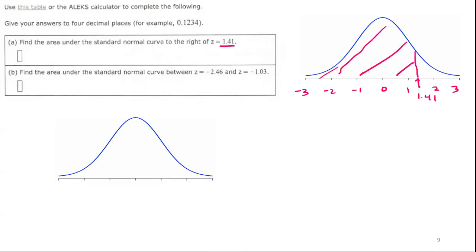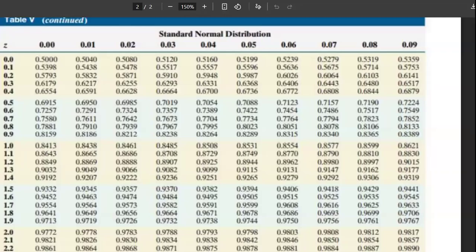Okay. So let's go to our Z table and find 1.4. All right, so here is our Z table for standard normal distribution curves. So we want to look for 1.41.